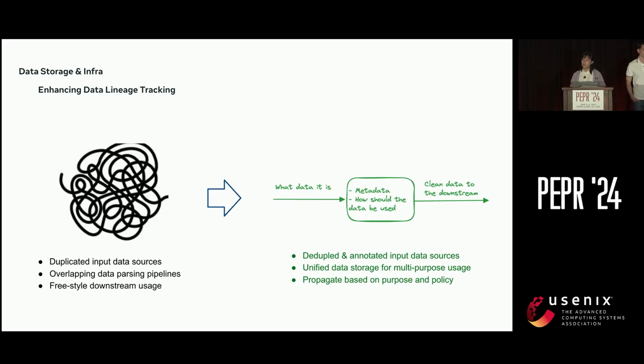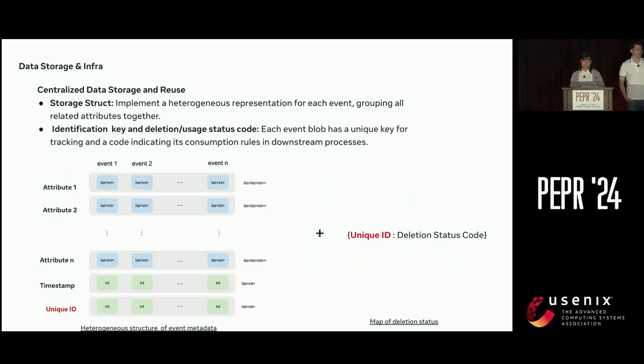The data goes into a unified data storage, which can be reused for multiple purposes. And in the downstream, it only allows the data to be consumed by authorized consumers. In this way, we reduce the problem space to have fewer copies across the system. So let's get into the details of how to store the data and make it reusable.